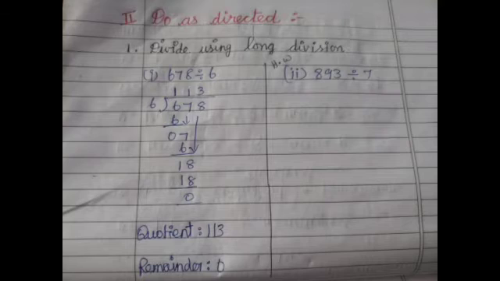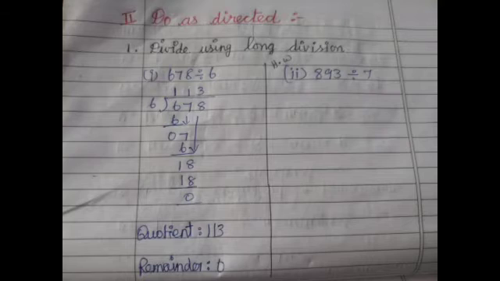So 1 times 6. Next is 6 minus 6 is 0. Next bring down the next number 7. In 7 also we have 1 six. So 1 times 6. 7 minus 6 is 1. Next bring down the last number 8. Now 18. 3 sixes are 18. So remainder is 0. The quotient is 113.